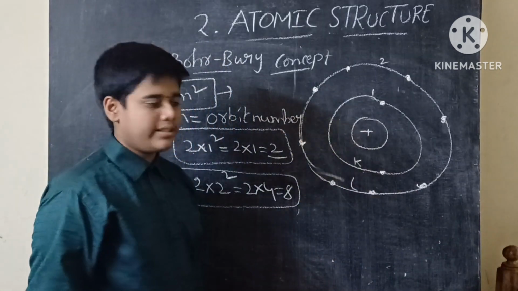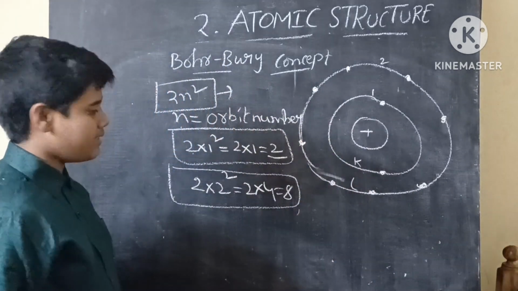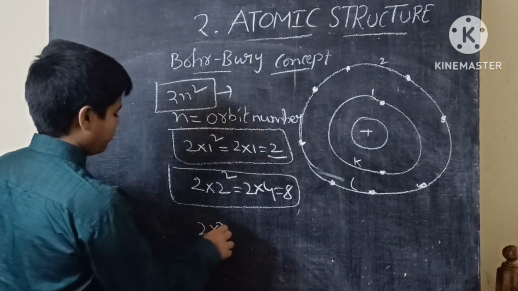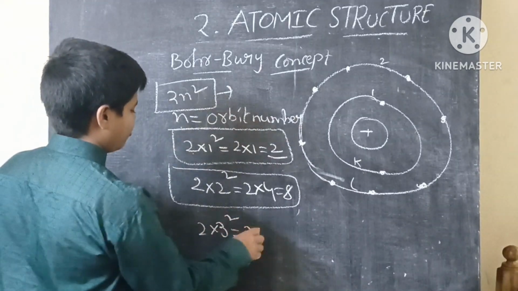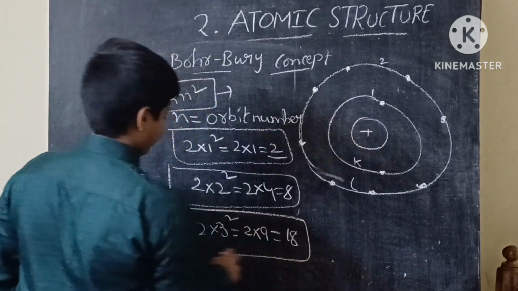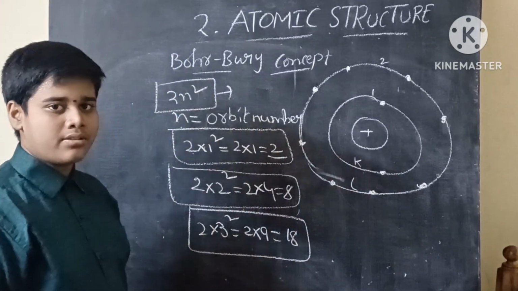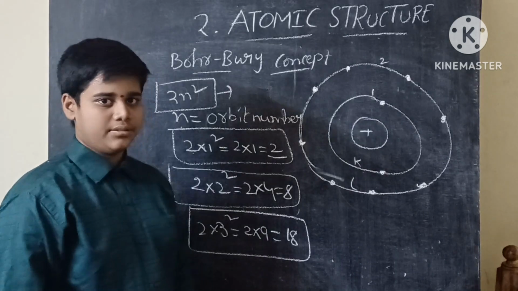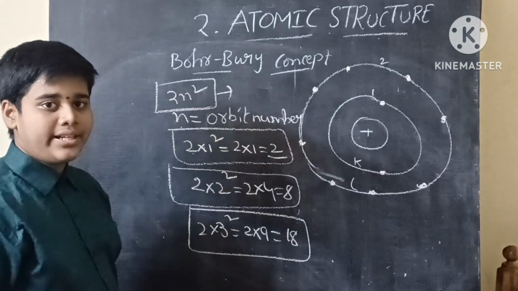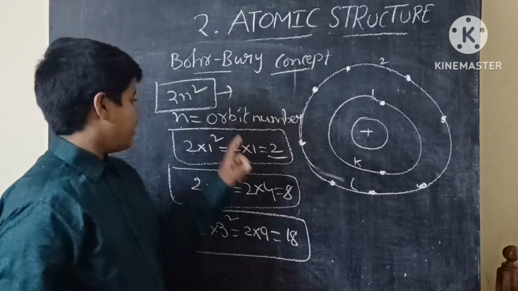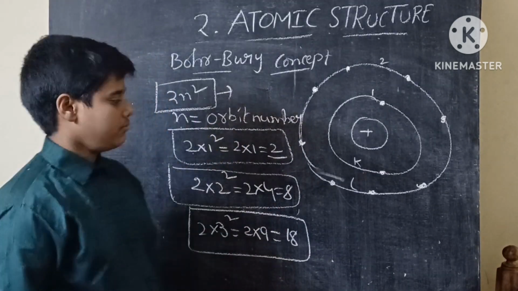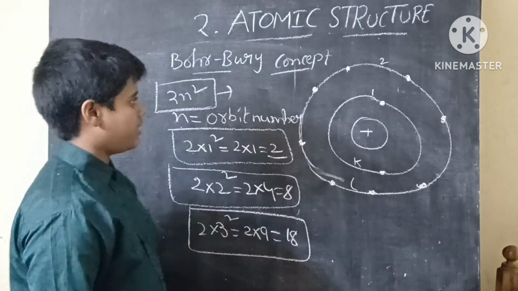Okay, so these are the 8 electrons present in second orbit. And for third orbit, 2 into 3 square, which means 2 into 9, 18 electrons. In third orbit, 18 electrons are present. Okay, so like this we can use the formula 2n square for finding electrons in nth orbit. Okay, so this is Bohr-Bury concept.